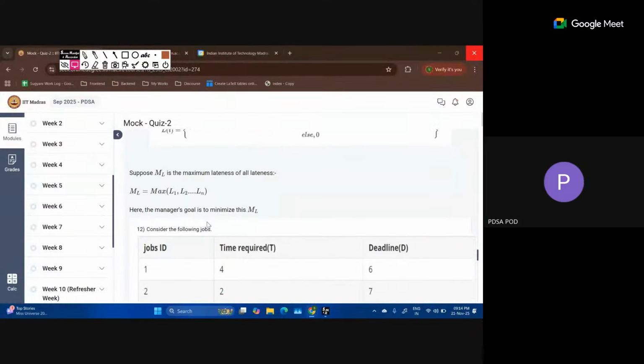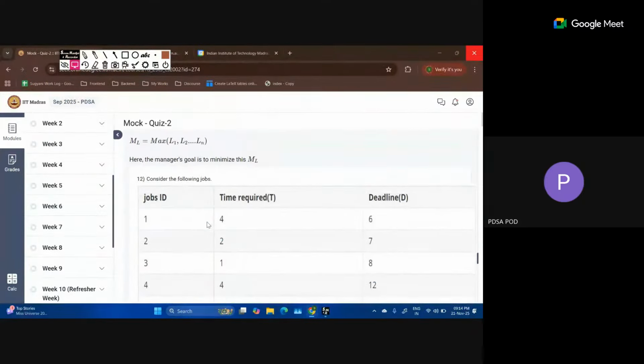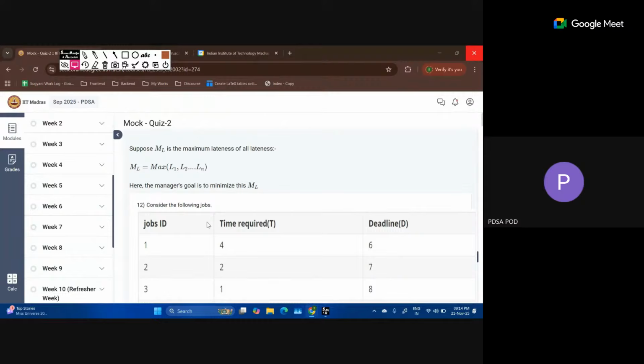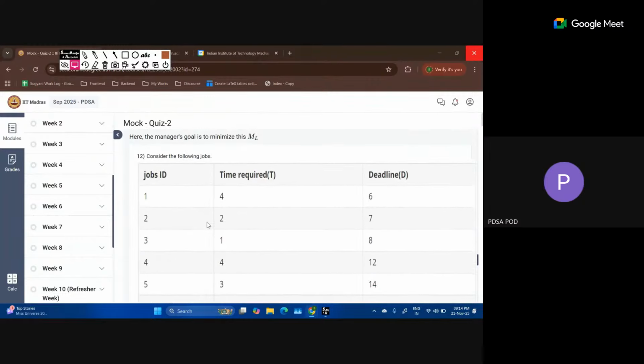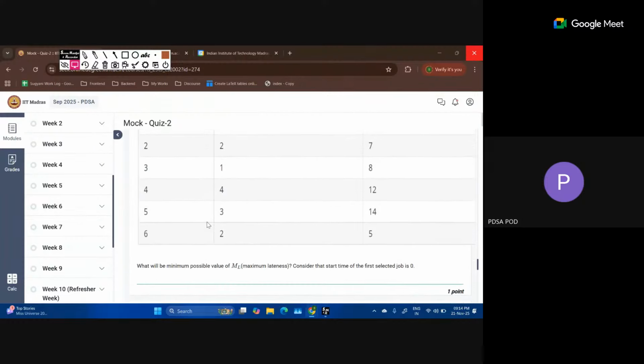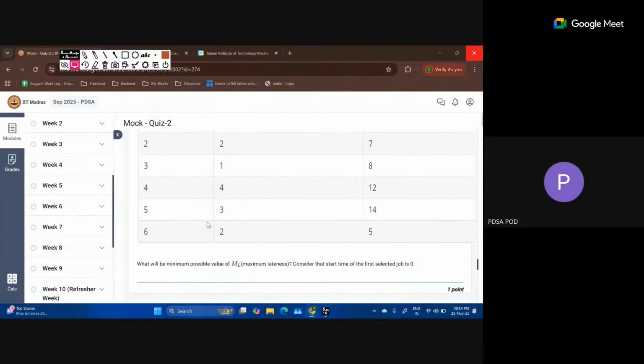Suppose ML is the maximum lateness of all the latenesses. You have to minimize the maximum lateness. Okay, these are the jobs. What will be the minimum possible value of maximum lateness?